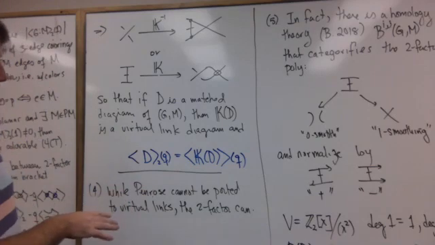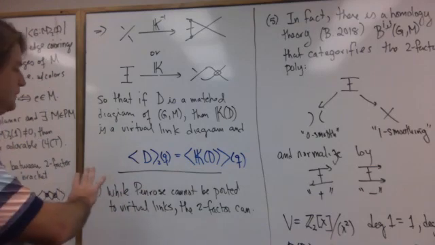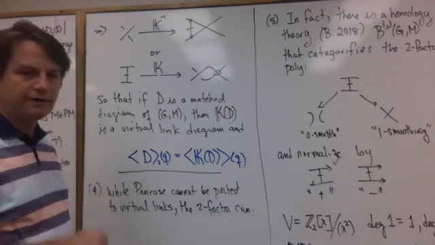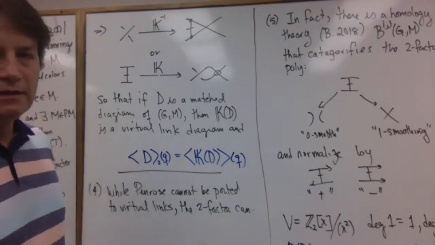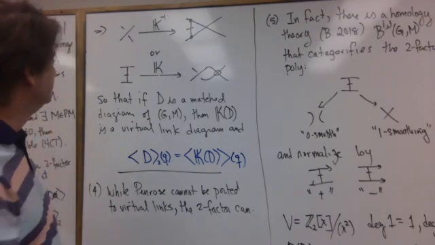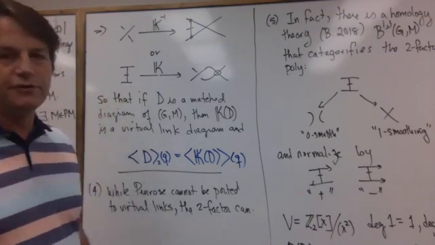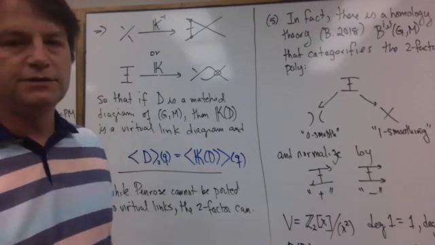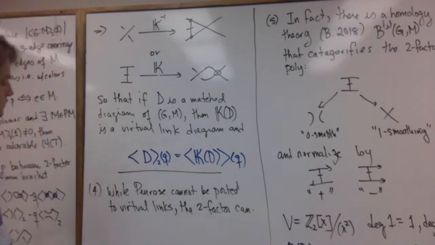So let me go a little bit further, but the idea here is anything that you can define for a virtual link can then be defined for what we'll call this thing in the near future a graphene, and vice versa. Okay.